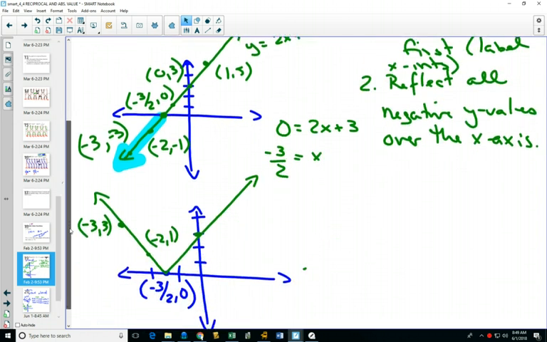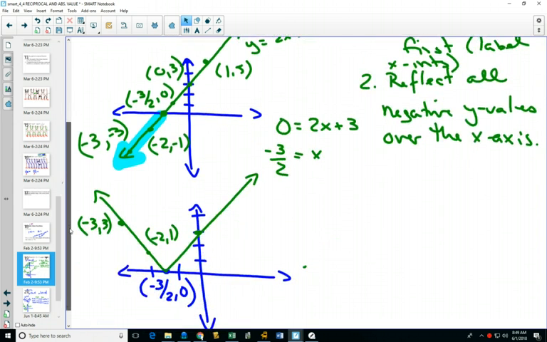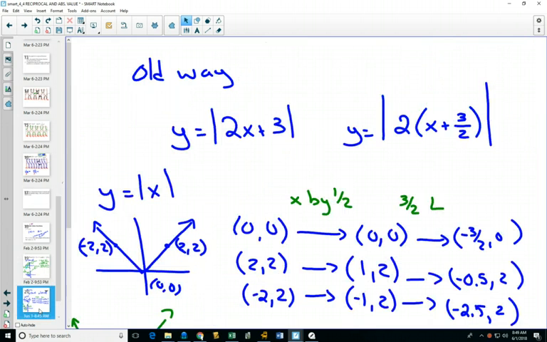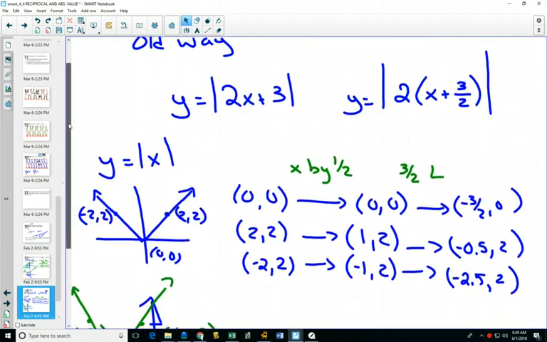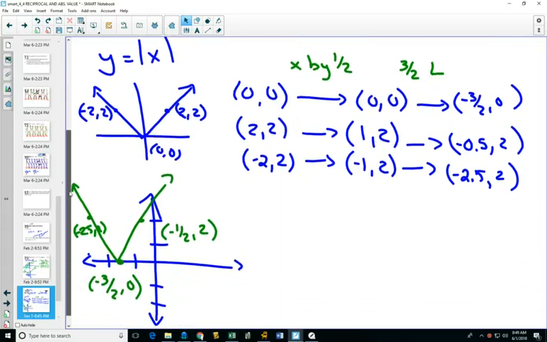Our final graph here is exactly the same. But the nice thing about our final graph here is the only fraction we were dealing with is our x-intercept. And the rest of our points ended up being nice points. But this is a good review of transformations as well.